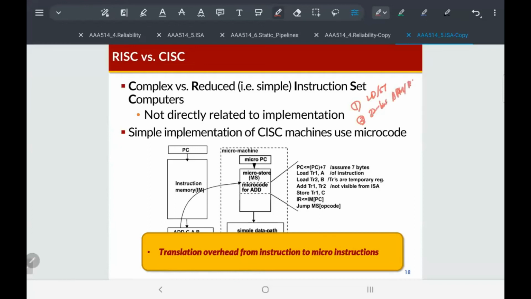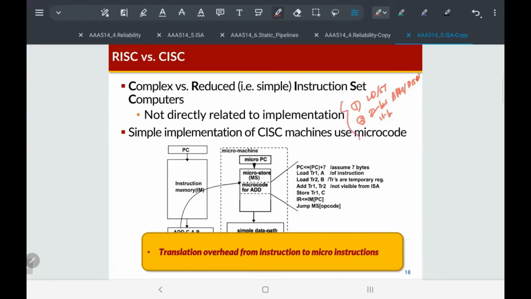Also, for instruction density, ARM and RISC-V support 16-bit instructions, like ARM Thumb or RISC-V 16-bit compressed instructions. But usually the instruction size is fixed.